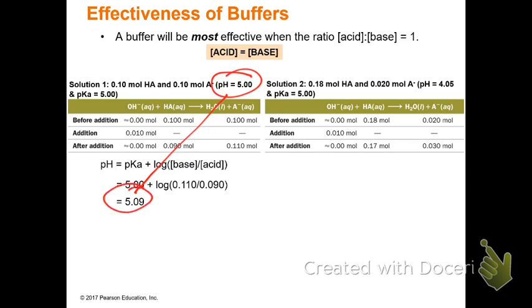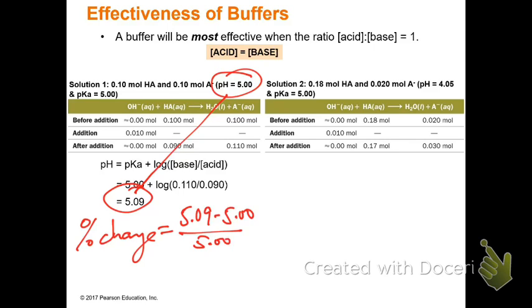And so you can calculate the percent change here. Percent change is basically equivalent to 5.09 minus 5 divided by the initial pH multiplied by 100%. Okay, and this is how we can compare solution 1 from solution number 2.